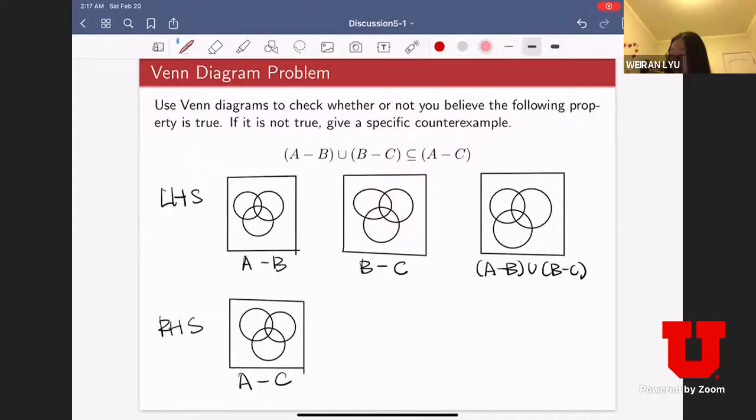All right, so let's start with the A minus B. What is the region you want?